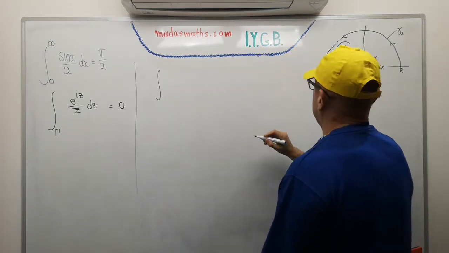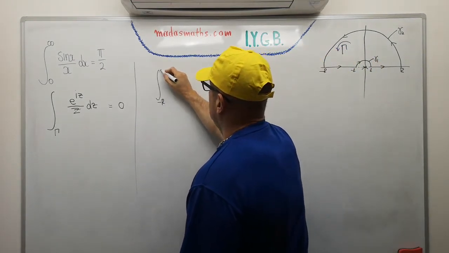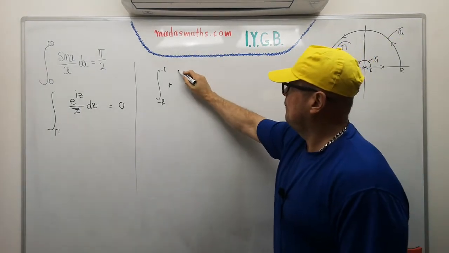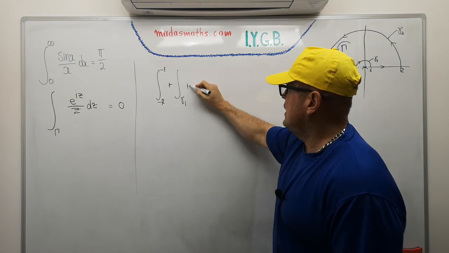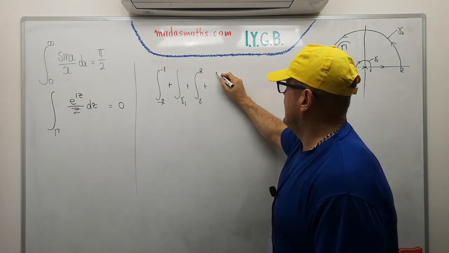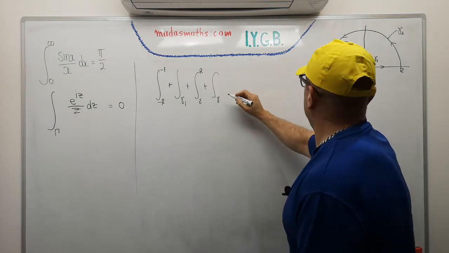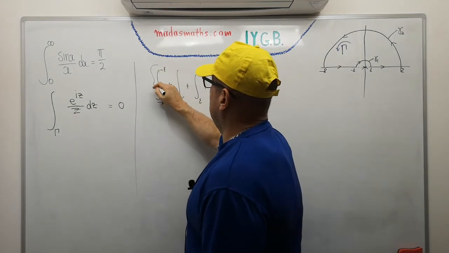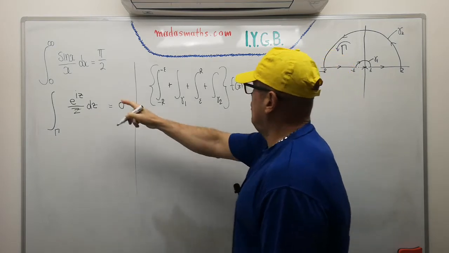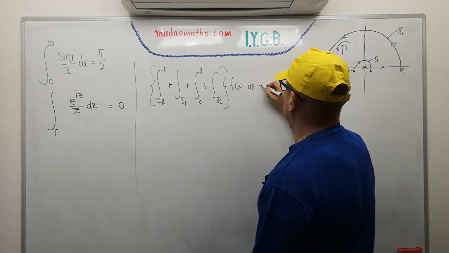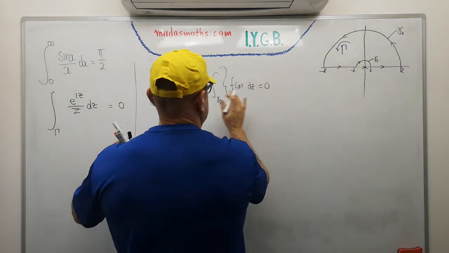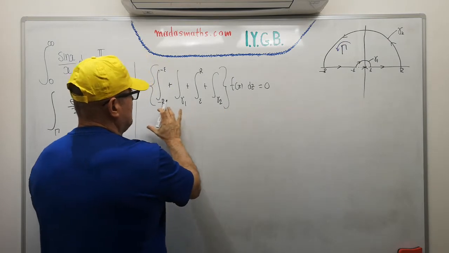So the integral from minus r to minus epsilon, plus the integral around gamma 1, plus the integral from epsilon to r, plus the integral around gamma 2, of f of z, where f of z is of course all of that, dz, should give me 0. I'm going to just rearrange it a little bit. I'm going to just rewrite the integrals and I'm going to start putting things in.